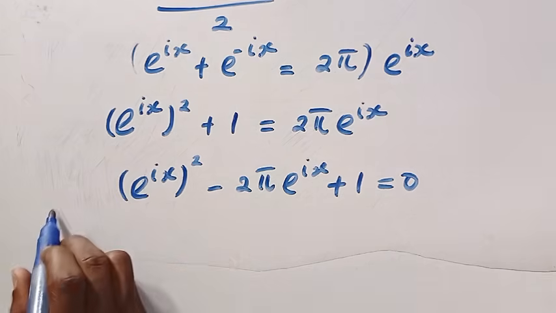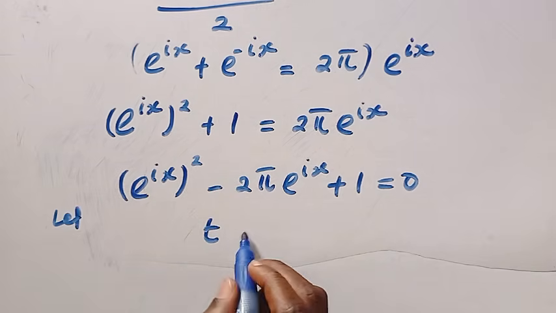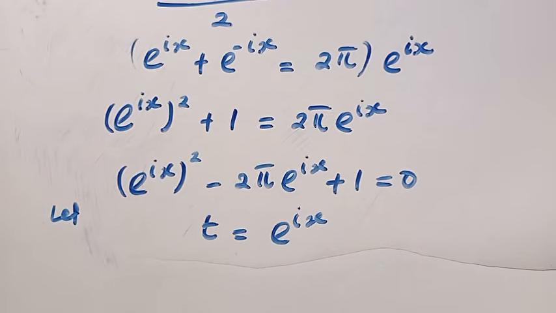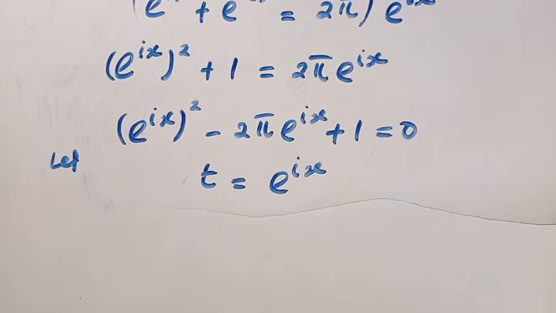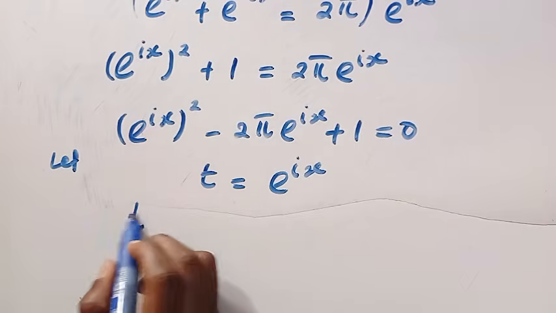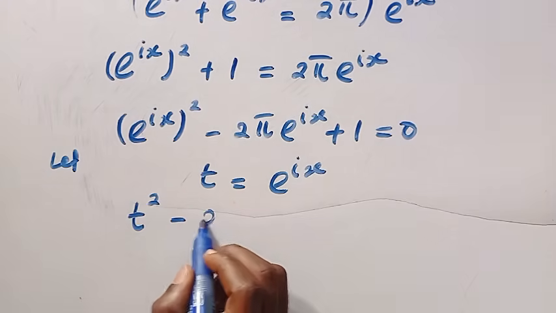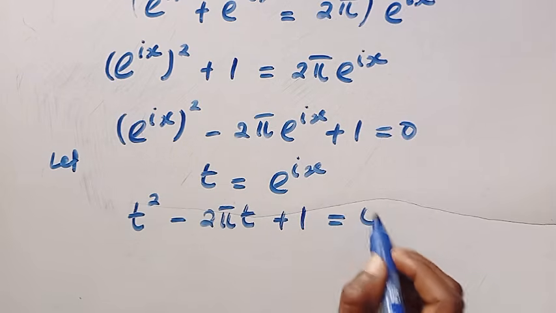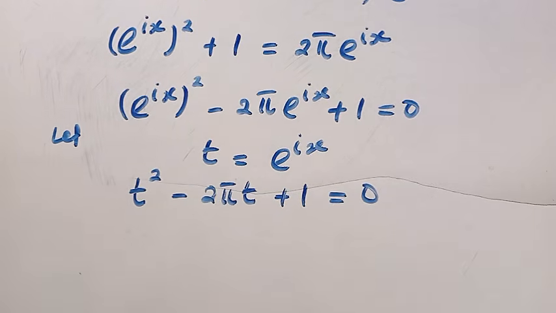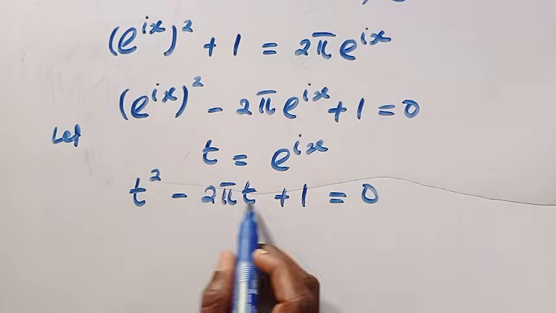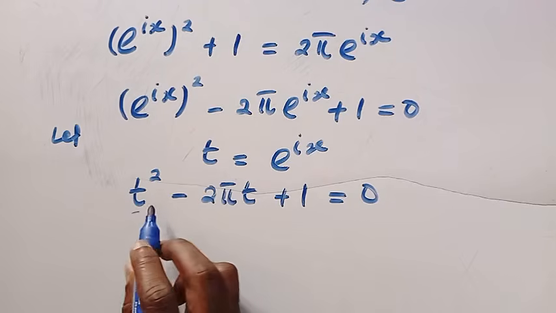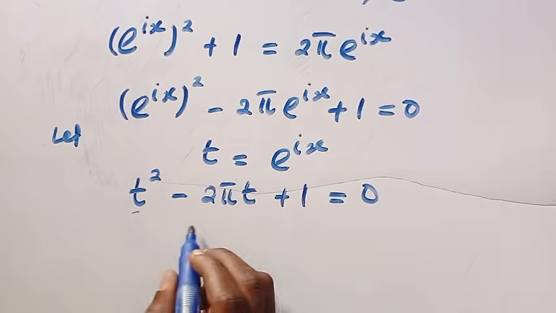Then we let t equal e power of ix. After letting this, we replace it here and have t squared minus 2 pi t plus 1 equals 0. Then we solve this quadratically. The base variable here is t, and we compare the coefficients.